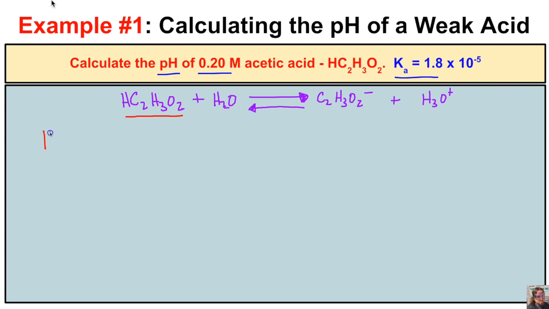To get our equilibrium expression, or Ka, we take the concentration of our two ions over here, the concentration of C2H3O2- times the concentration of H3O+, and divide this by the concentration of our weak acid, HC2H3O2.